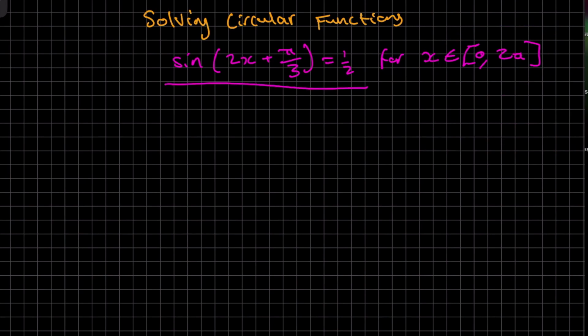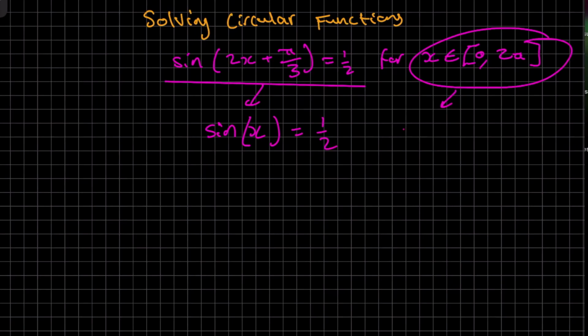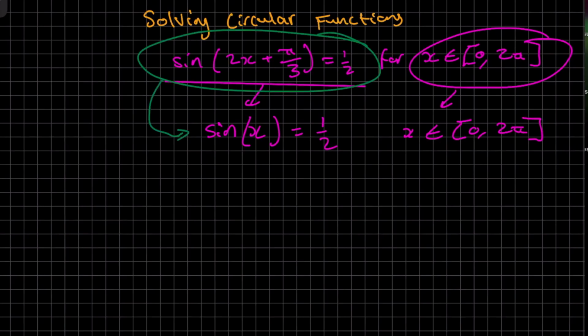Now, note that for this equation, if this equation was simply sine of x equals a half for this same domain, this would be a lot easier to solve, right? So what we want to do is try and convert this more complex equation into something that looks like this simple sine of x equals a half equation.